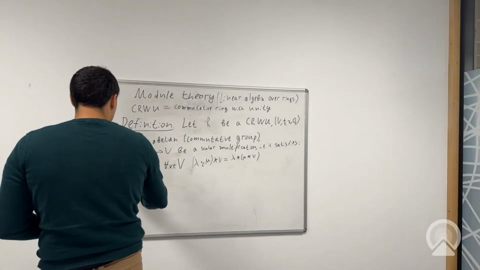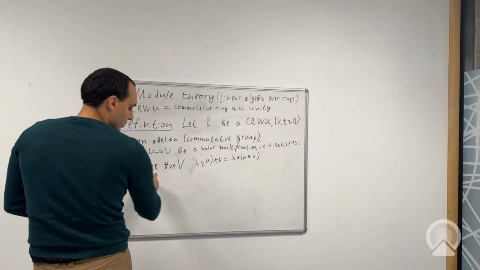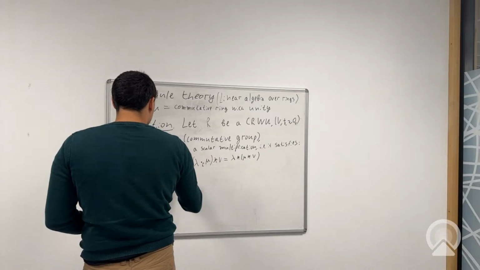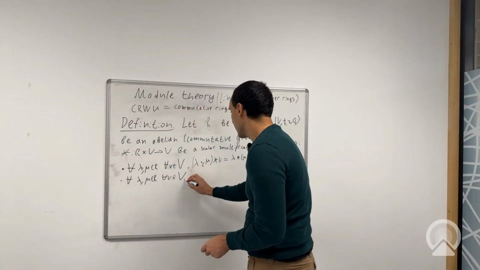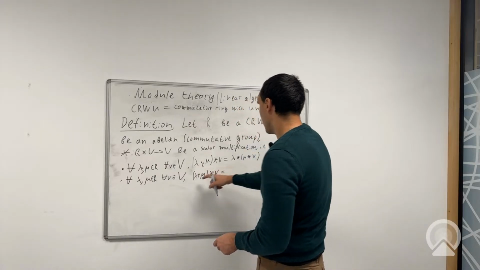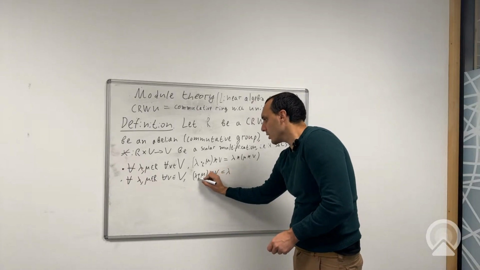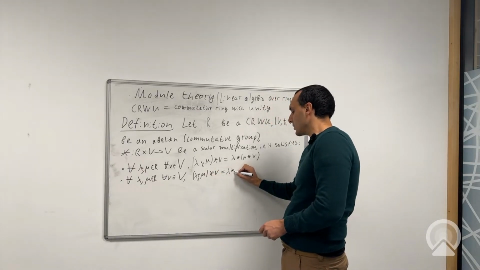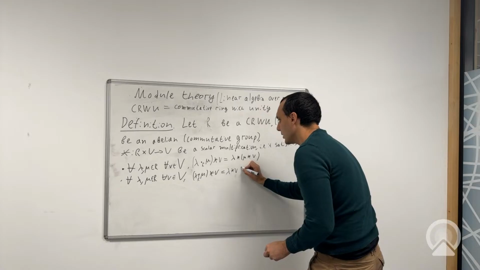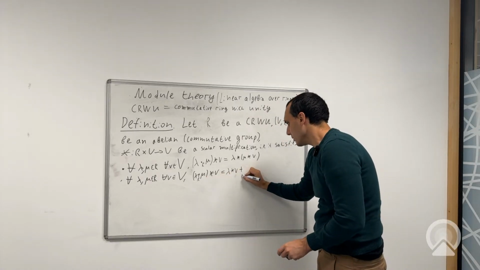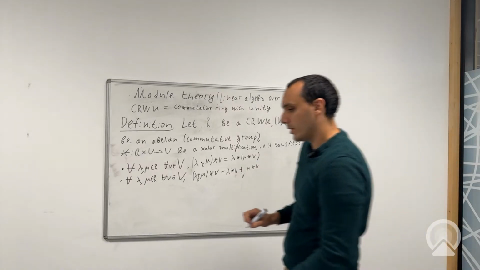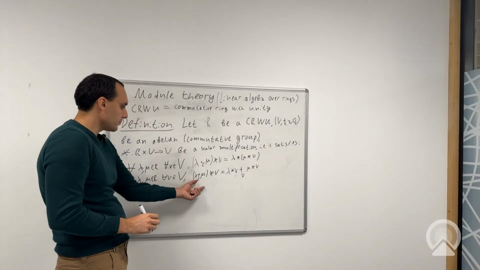So for all lambda and mu in R and all V in V, lambda plus mu times V, where this plus is the operation in R, is equal to lambda times V plus, the operation in V, mu times V. So this is distribution over addition of scalars.